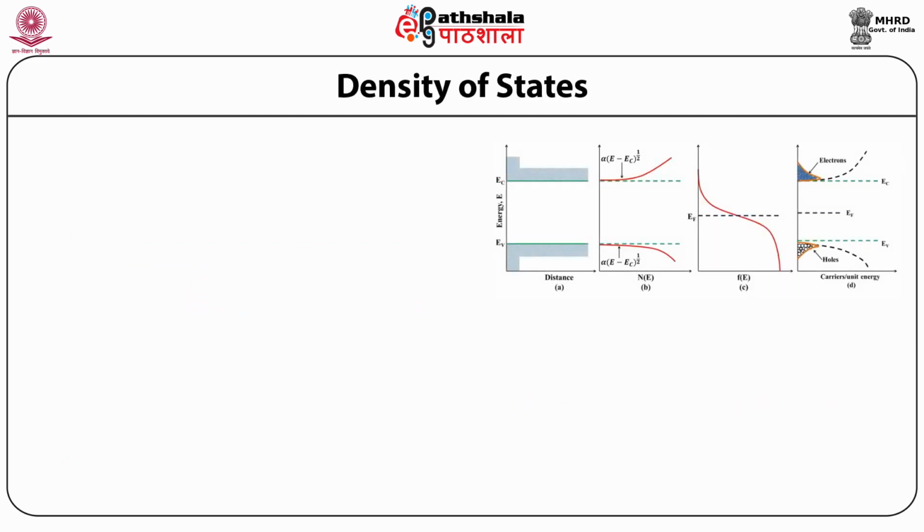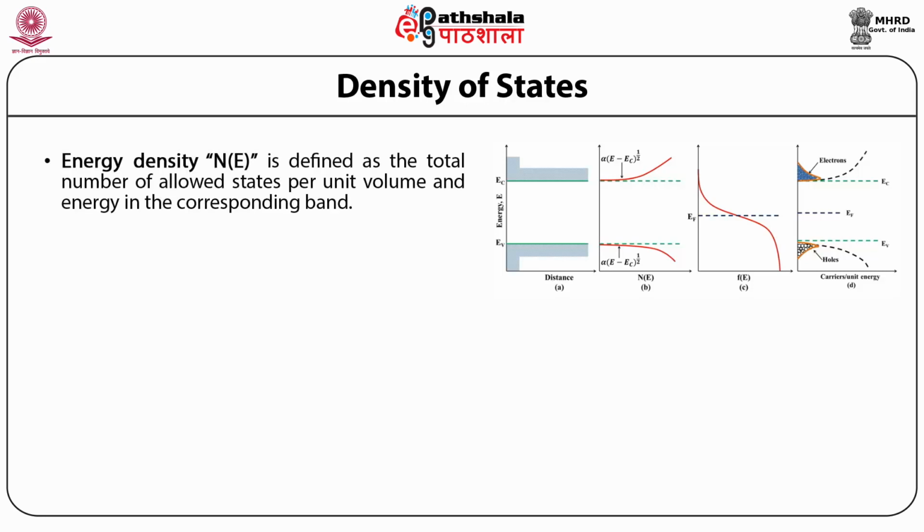Density of states. So here we will be discussing the energy density of allowed states. What do you mean by energy density? Energy density, denoted by N as a function of E, is defined as the total number of allowed states per unit volume in the energy range in the corresponding band.